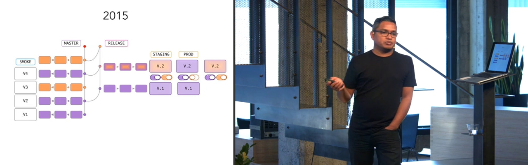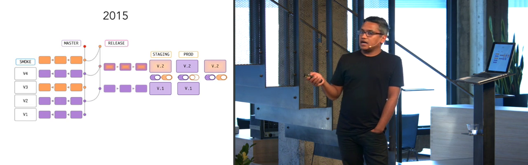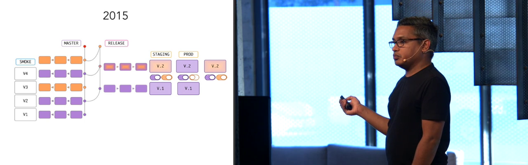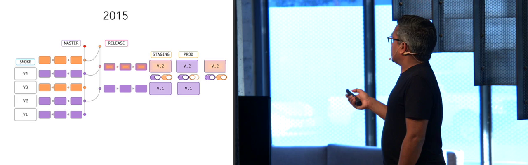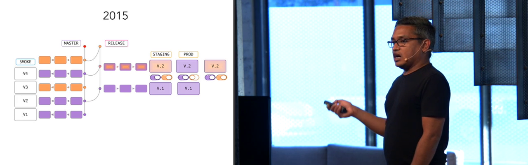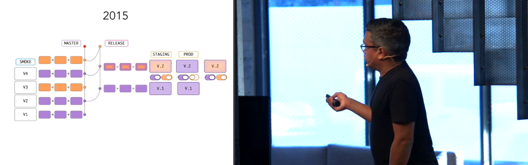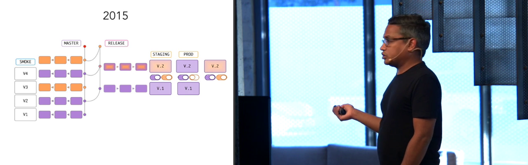This reduces the possibility that in order to release a piece of functionality to your users, you have to release an entirely new version of your software, because that just increases the likelihood that what you're deploying next is going to contain some bugs that you haven't accounted for.